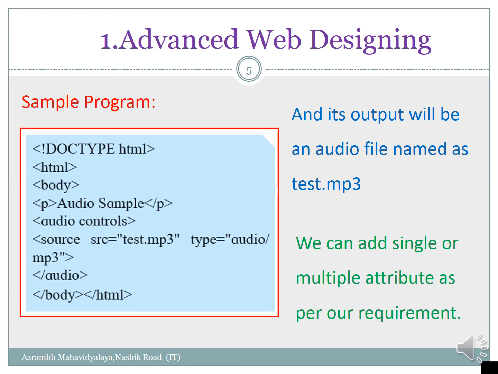First of all html, then body, then we specify the heading at the top of the file as audio sample. Then we insert the audio by using audio controls and by providing the source as test.mp3 and specifying its type as audio/mp3. And then we have to end all these things, that is audio, body and html.